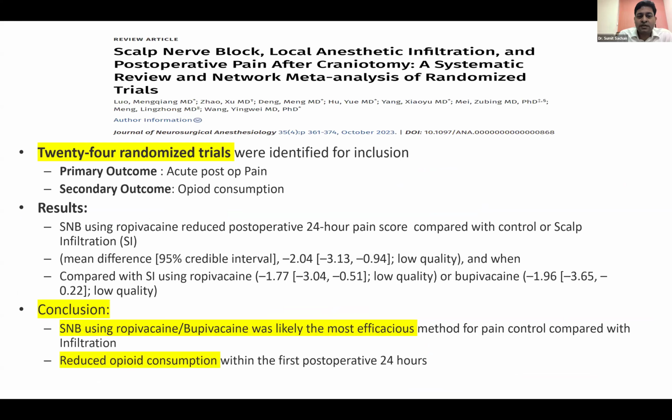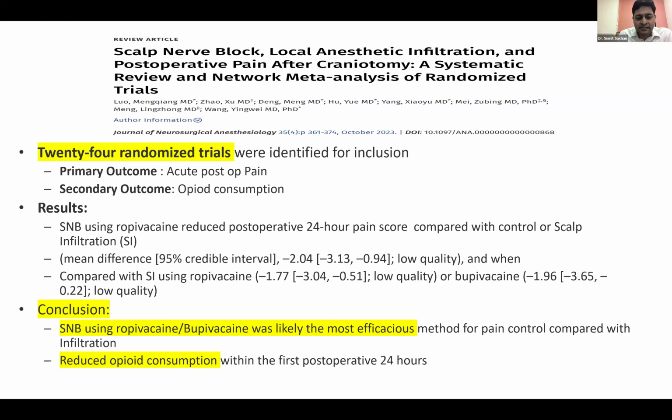Now, this is another systematic review and meta-analysis, published by Sir Liu in October 2023, where the authors included 24 randomized trials. Their primary outcome was acute post-operative pain, and the secondary outcome was opioid consumption.